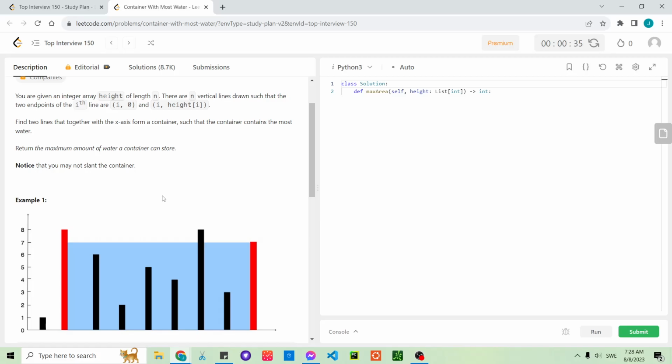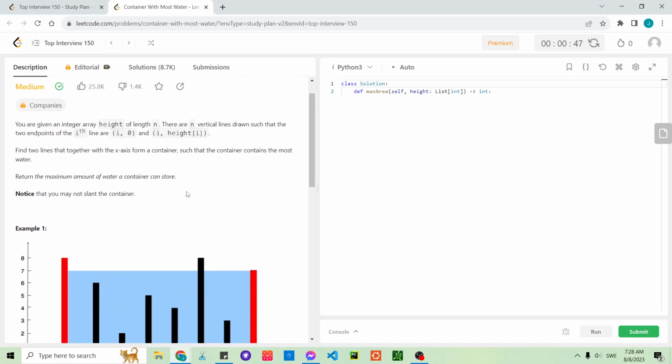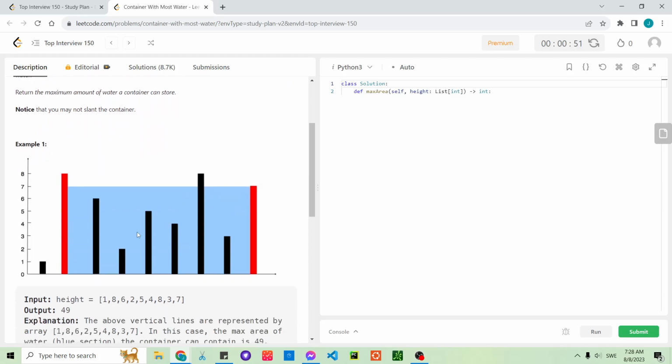Return the maximum amount of water. Example: 8, 6, 2, 5, 4, 8, 3, 7.